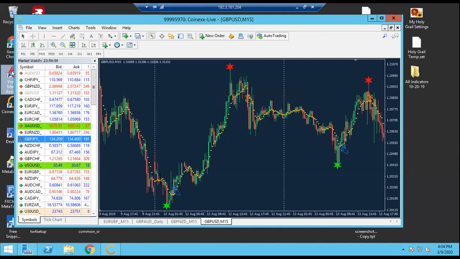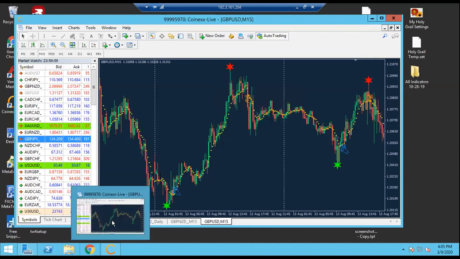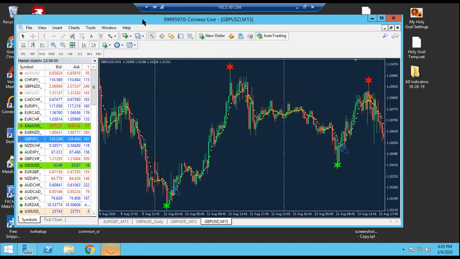So the first thing you want to do is add your moving averages to your chart. Does anyone know how to add moving averages? I'm gonna show you anyways. Y'all give me just a second here because I'm having some issues.